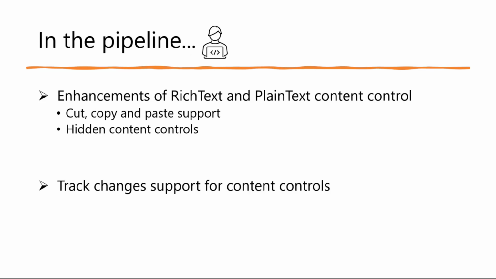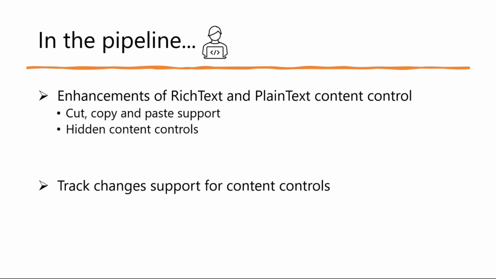Now, we're not going to stop there, so we have some additional things in the pipeline. We will continue doing the enhancements on both rich text and plain text content control support. Our goal is, as I mentioned, to get to full parity between online and desktop.